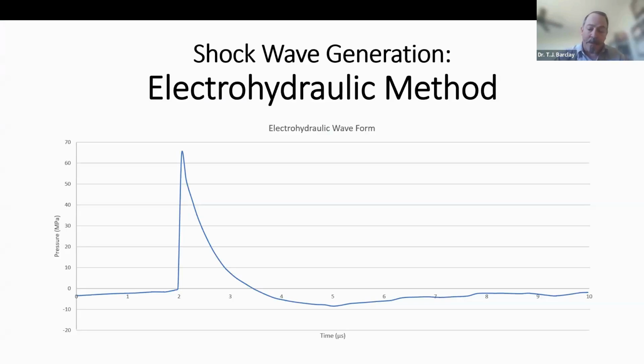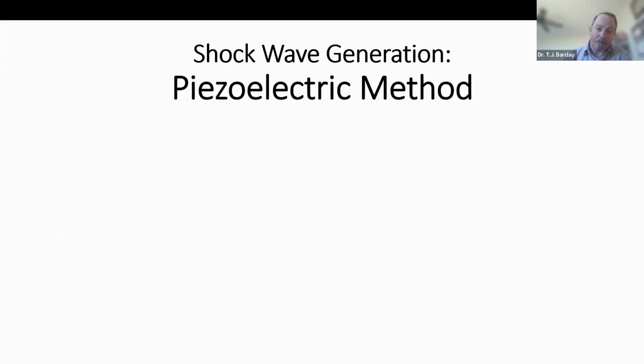When we look at the waveform, this is our classic shockwave waveform, characterized by an extremely rapid pressure rise, followed by a negative pressure dip that comes gradually back to the starting pressure of zero. Keep this pressure waveform in mind as we go forward and compare the different modalities.